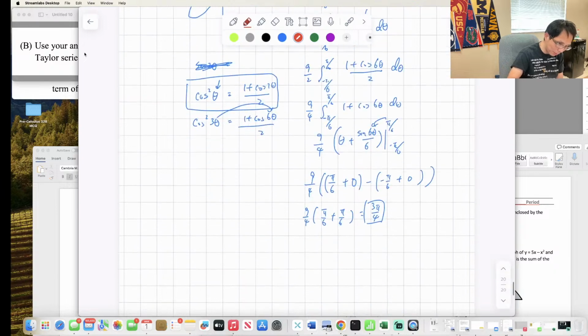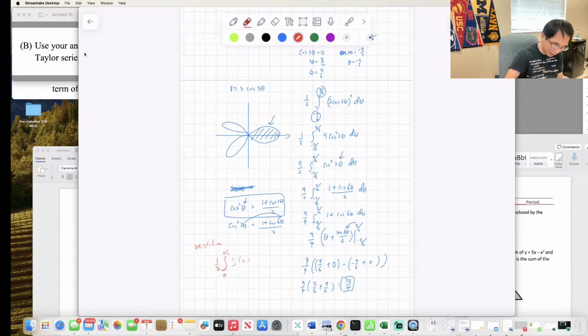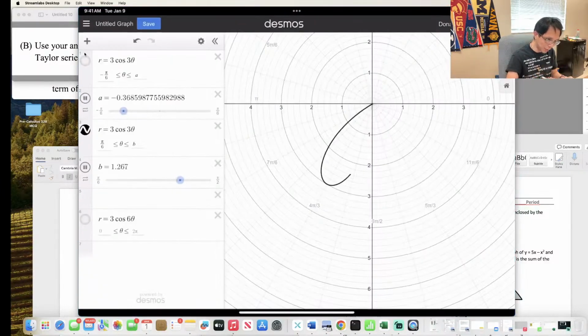This is what most people make a mistake on. The mistake happens when they want to take a shortcut. They take the 0 to 2 pi of this, which is 1/2 and 3 cosine of 3 theta squared d theta, and they say I can just multiply this by 1/3. That's going to give you 1 paddle. But unfortunately, that actually gives you 2 paddles, because they actually trace it twice.